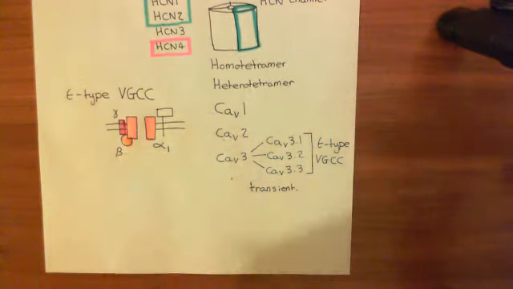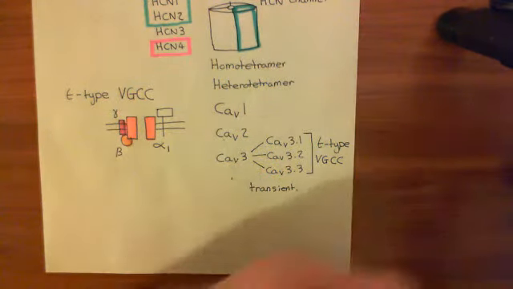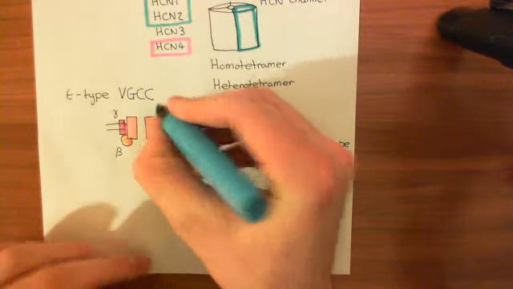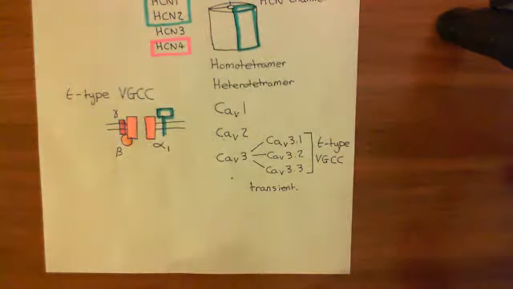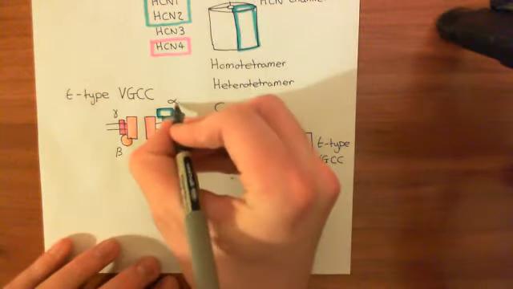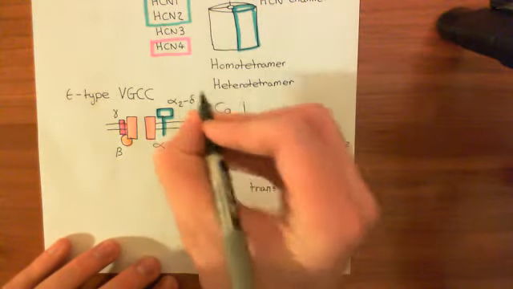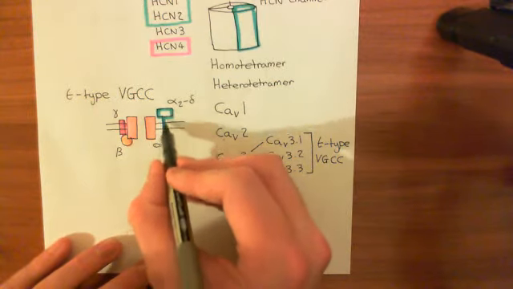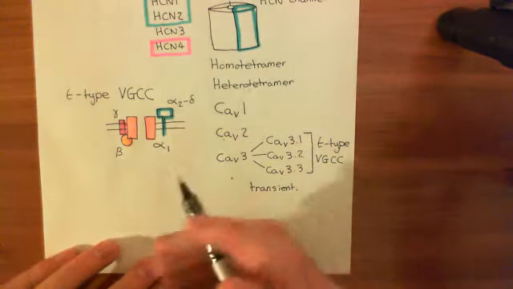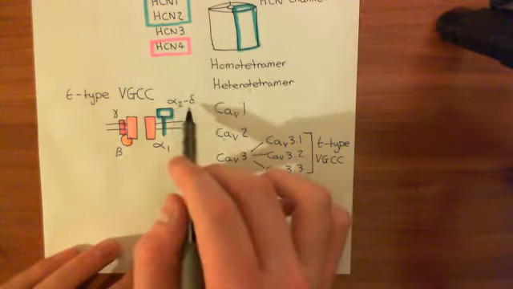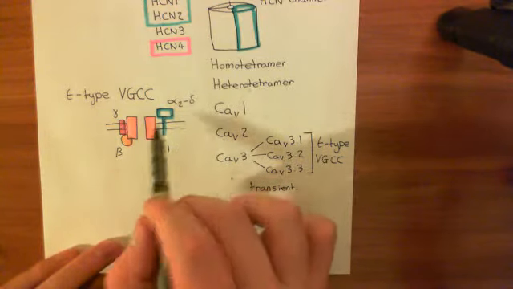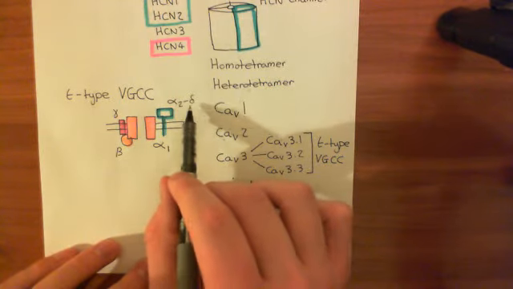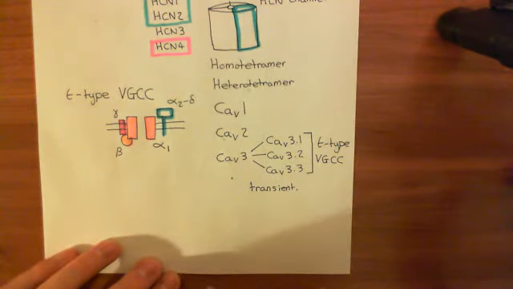And over here, in blue, is the alpha-2 delta subunit, and that's really two subunits that have been stuck together. So the alpha-2 bit is this box at the top, the delta bit is the membrane straddling bit. Now, the reason it's referred to as one subunit rather than just as two subunits stuck together is because the alpha-2 subunit and the delta subunit are encoded by the same gene.